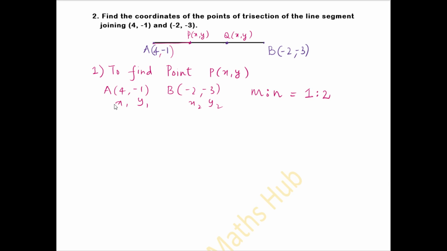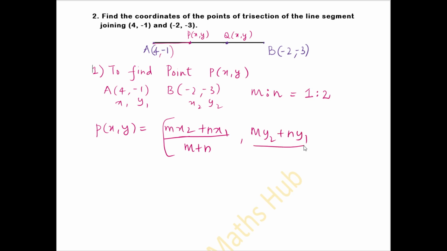Now we have the points x1, y1, x2, y2 and the ratio 1:2. Therefore, by using the section formula, P(x, y) equals (m x2 plus n x1) divided by (m plus n), comma, (m y2 plus n y1) divided by (m plus n).